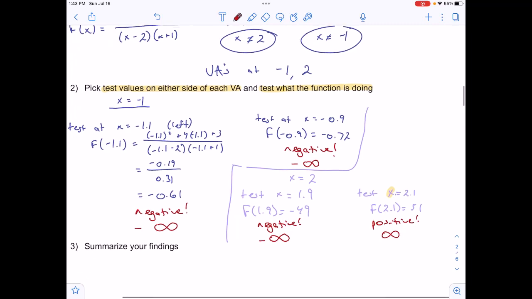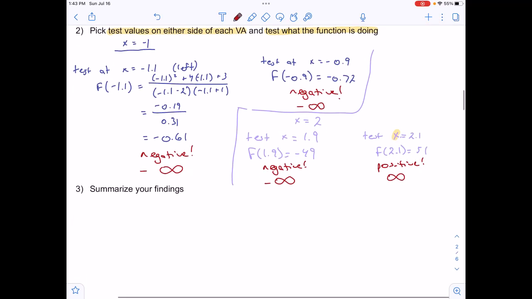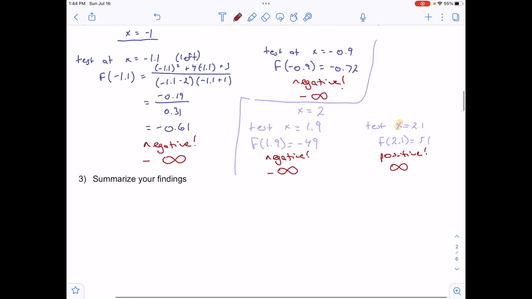What I'm going to do here is I'm going to now summarize my findings, okay? So the way this is going to look, remember we had two factors that we were working with. There are two vertical asymptotes, okay? I'm going to say here, let's start with the negative 1.